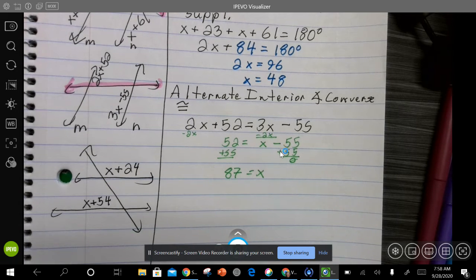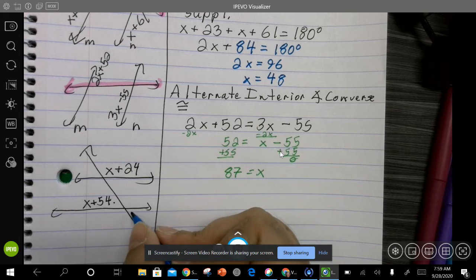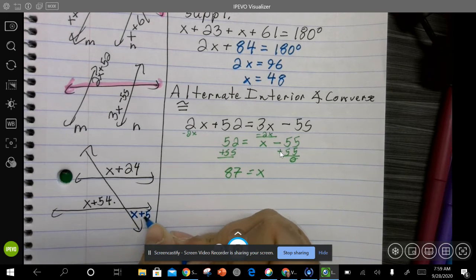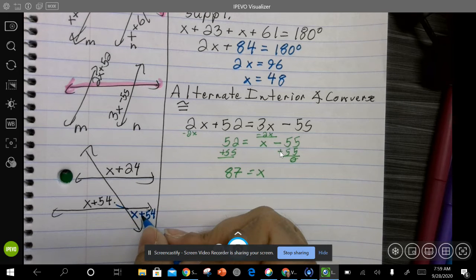Well, those two actually don't have an angle relationship. But we know vertical angles are congruent. So I'm going to move, remember vertical angles are congruent, so I'm going to move this x plus 54 here.